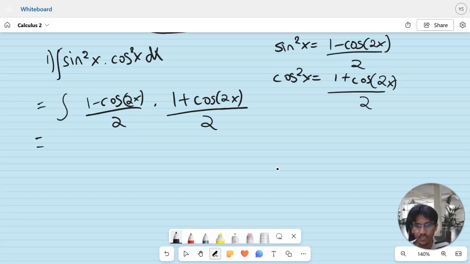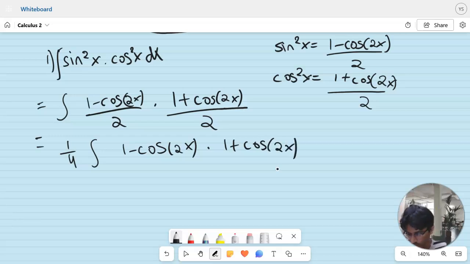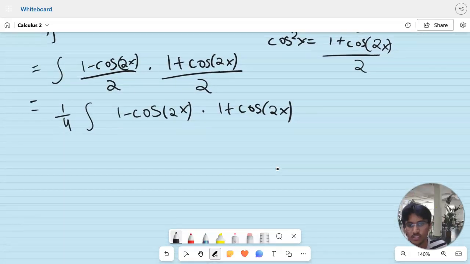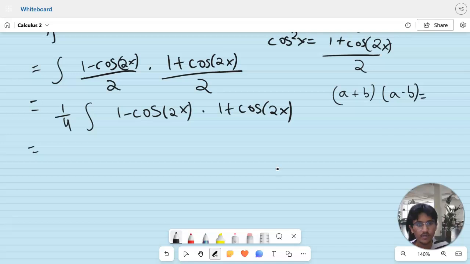So if we did take half of this and the half from this, it's going to be 1/4. And then we could bring that out of the integral, and it's just going to be 1 minus cosine 2x times 1 plus cosine 2x. Right, guys? Okay, so as we know, using the difference of squares, if you remember, a plus b, a minus b, if you see something that resembles that, it's going to be a squared minus b squared.